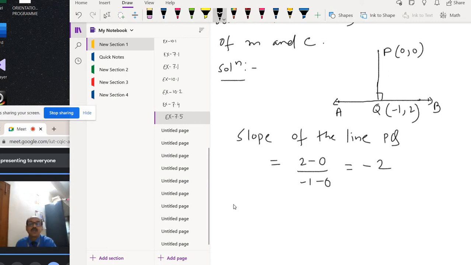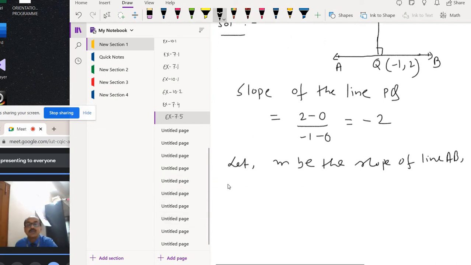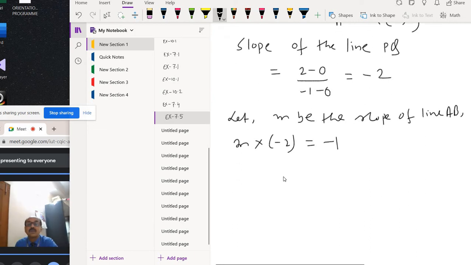So let m be the slope of the line AB. Now use the perpendicular condition: m into minus 2 equal to minus 1. So m is equal to 1 by 2.